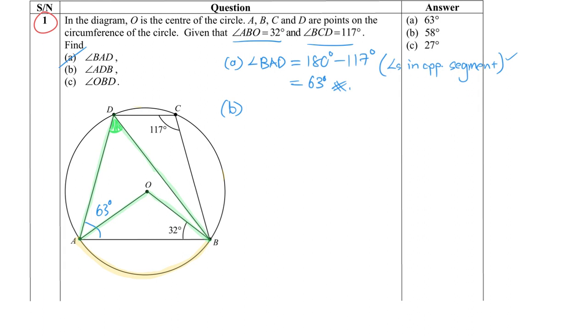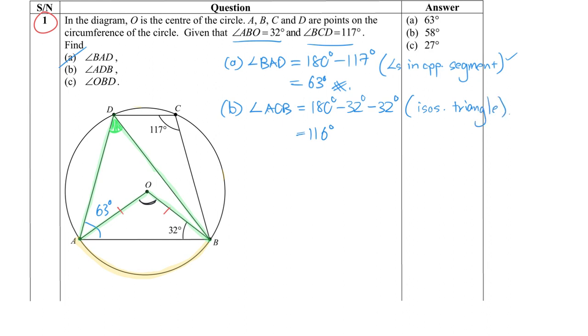Okay, so basically, if I knew this angle, I'll definitely know ADB. So let's do some work. Notice that triangle AOB is an isosceles triangle. So therefore, let's first find angle AOB using properties of an isosceles triangle: 180 minus the two base angles of 32 to get 116.